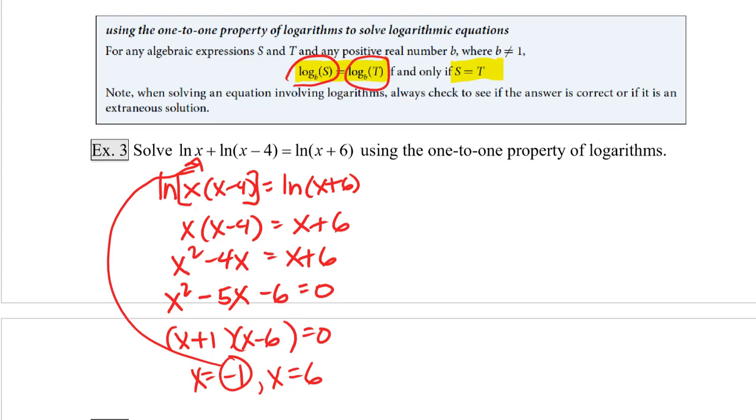That's a negative number, so x equals negative 1 is not an answer. Now let's try 6. When x equals 6, the natural log of 6 is a positive number, the natural log of 6 minus 4 is a positive number, and the natural log of 6 plus 6 is a positive number. So x equals 6 is my only solution.